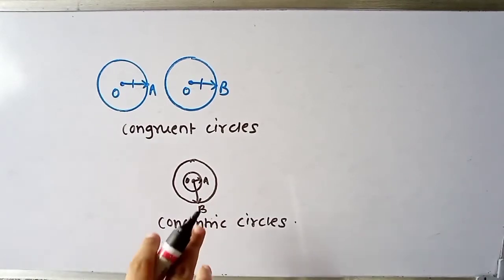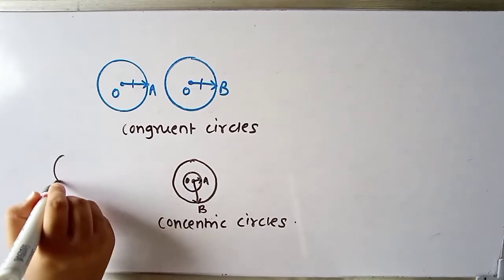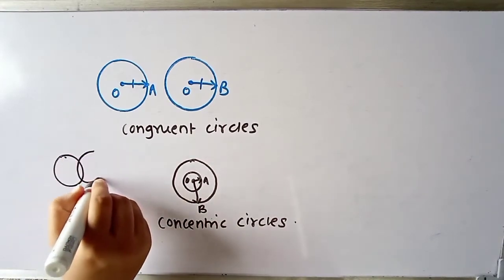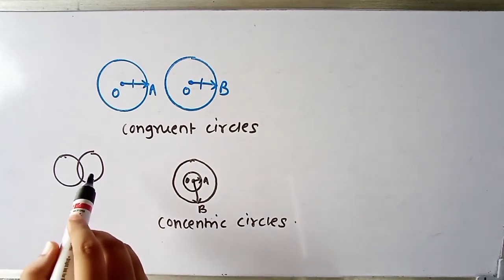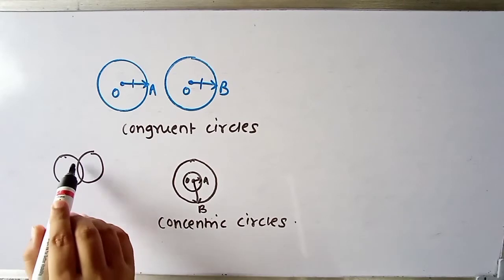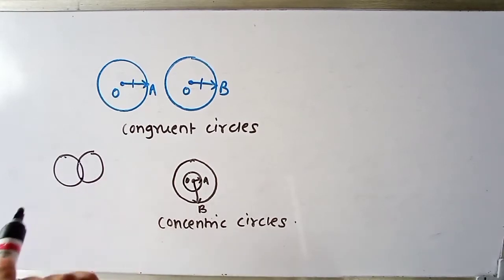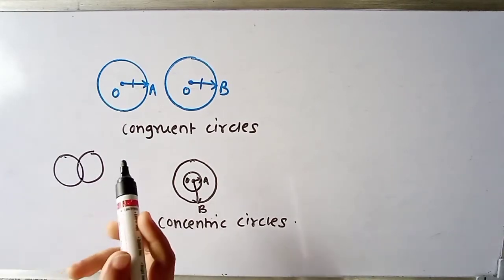Then intersecting circles. Circles touching in 1 point, in 2 points. Yes or no? So circles meeting in 2 common points are called intersecting circles. So these are intersecting circles. Then touching circles.